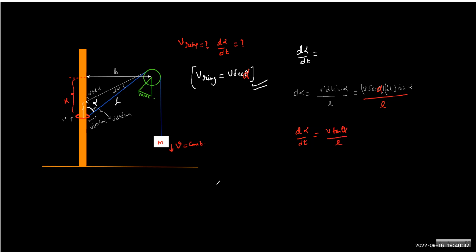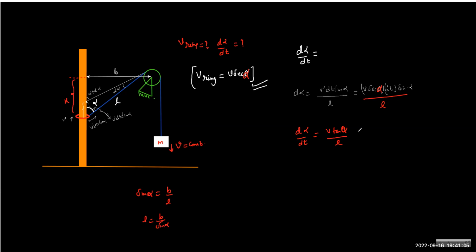Because you do not want L in the picture, we can write L in terms of B. So what is the relationship between alpha, L and B? Tell me, guys. Sin alpha is B by L. So L is B by sin alpha.